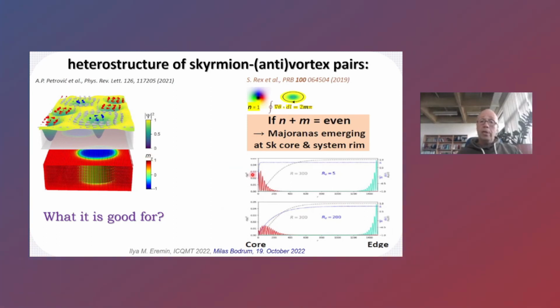It actually turns out, and this has been a proposal by the Karlsruhe group, that if you have composite objects where you combine a vorticity of the skyrmion and the vortex, it allows you to generate a Majorana state emerging at the skyrmion core. So again, such a composite texture, skyrmion-vortex, might be interesting from the perspective of realizing Majorana fermions.